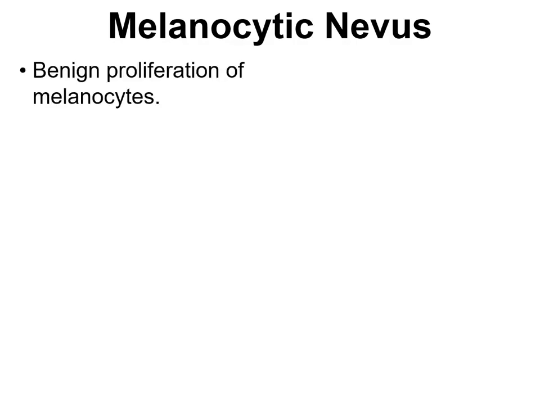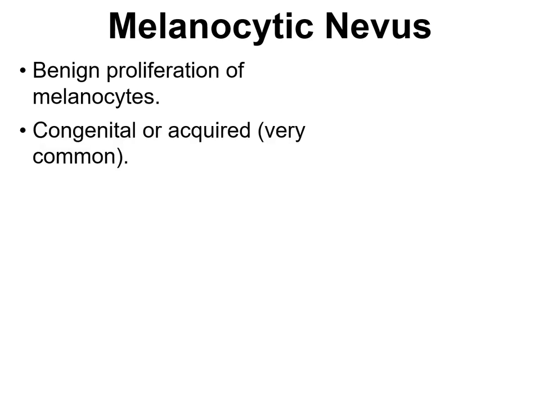Because nevus means birthmark and is not specific to melanocytic proliferation only. We have other nevi like nevus sebaceous and epidermal nevus. So we have to call it melanocytic nevus to be sure that this birthmark or lesion is due to melanocytic proliferation. It is a benign proliferation of melanocytes.